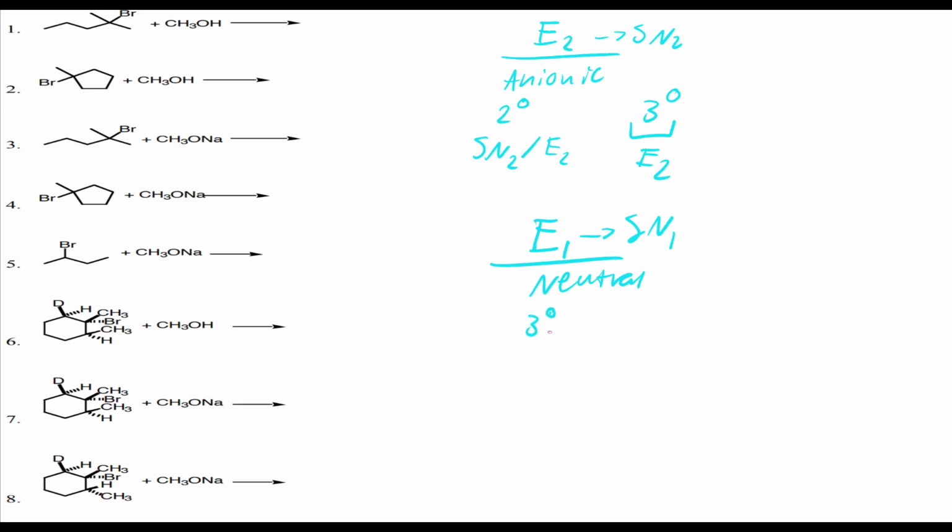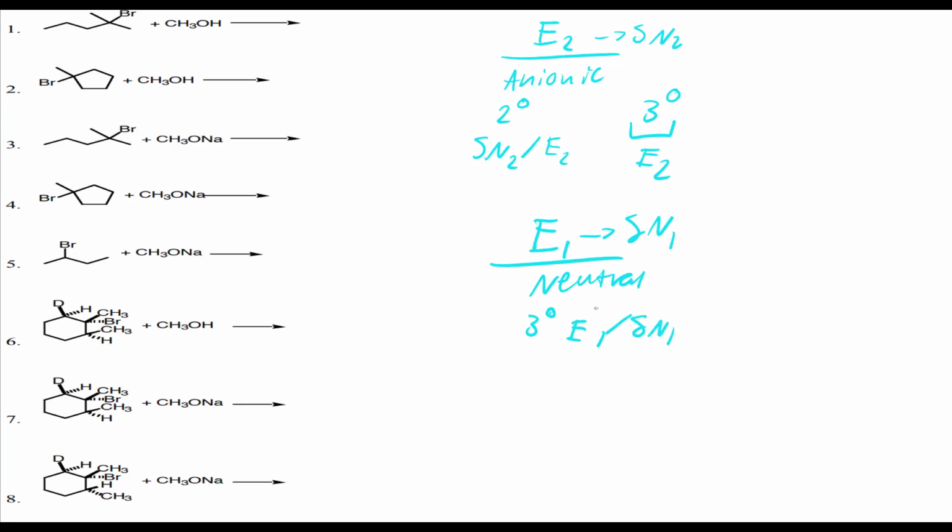most likely you're going to have an E1 reaction, because recall that for SN1 reactions, the tertiary carbon's pretty bad. I'm sorry, the tertiary carbon's pretty good for SN1.